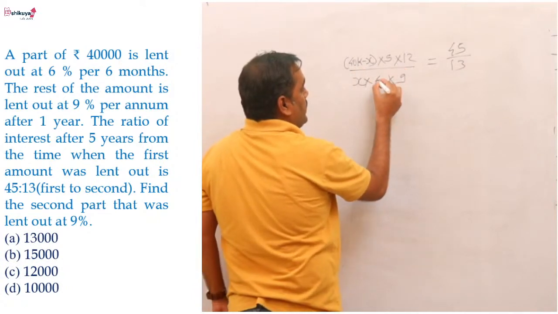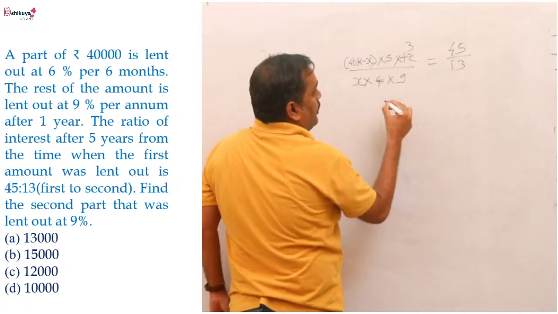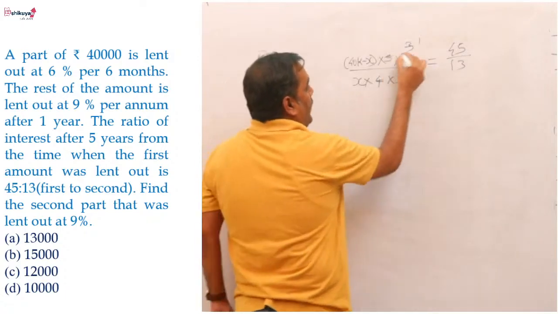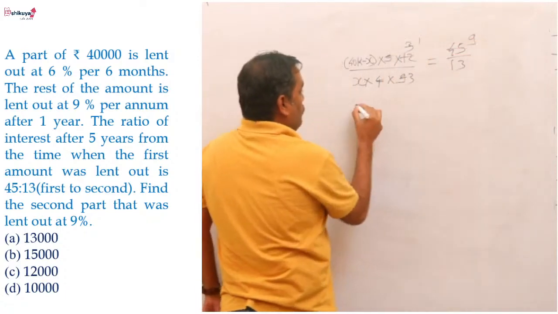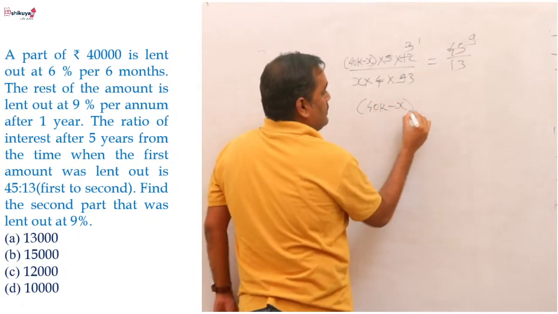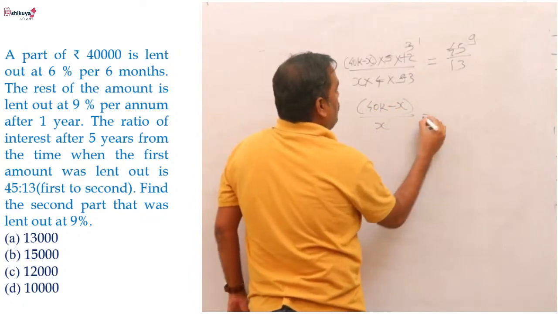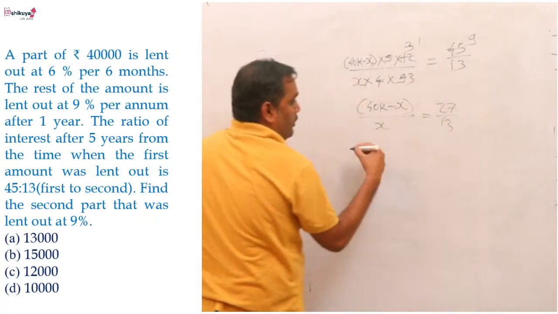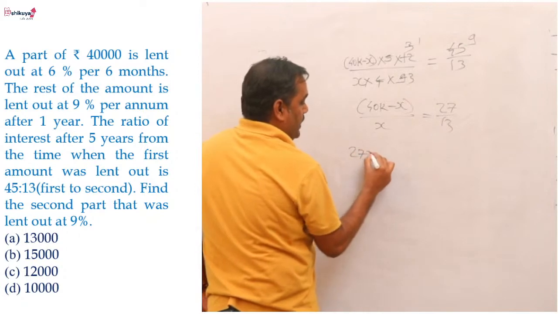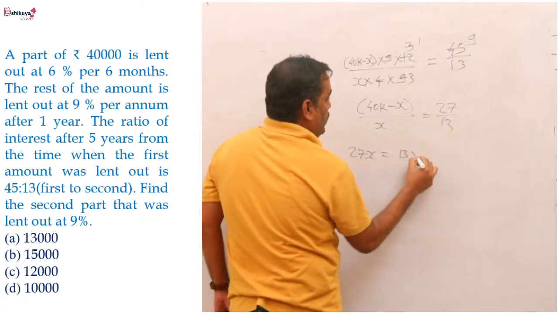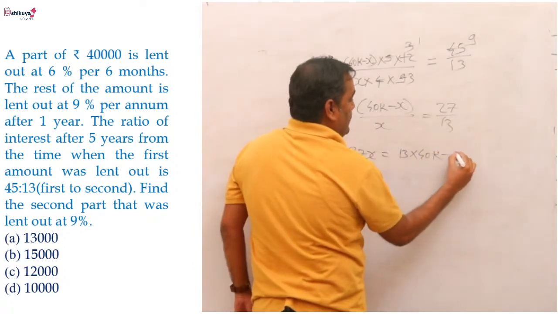Here 4 3s are 12, 3 1s are 3, 3 3s are 9, so 5 9s are 45. So we are getting (40k minus x) upon x is equal to 9 3s are 27 by 30. Now we take the cross product, so we get 27x is equal to 13 into 40k minus 13x.